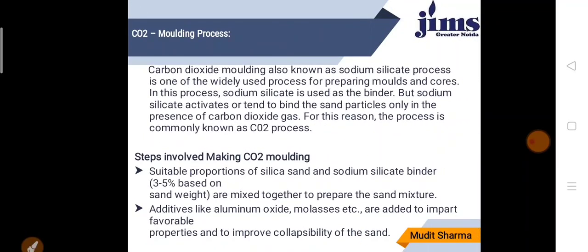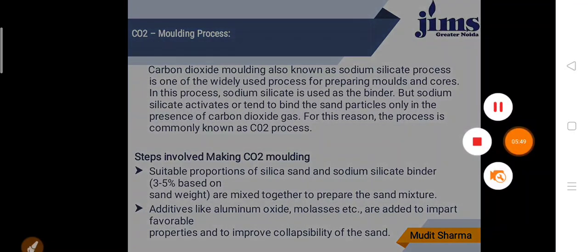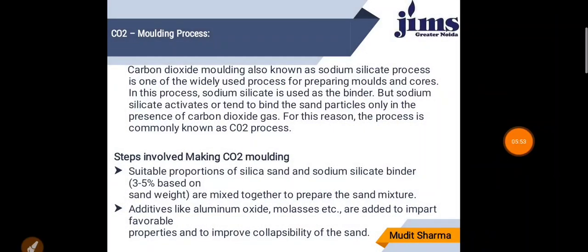Now we are going to study the CO2 molding process. What is the CO2 molding process?